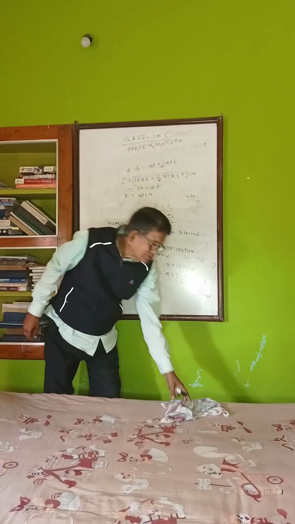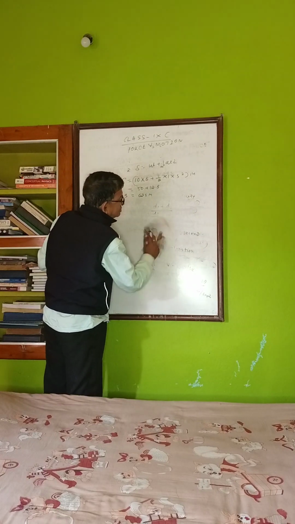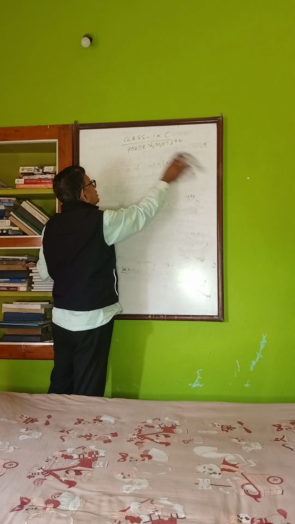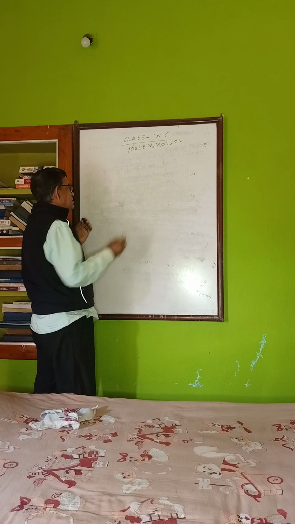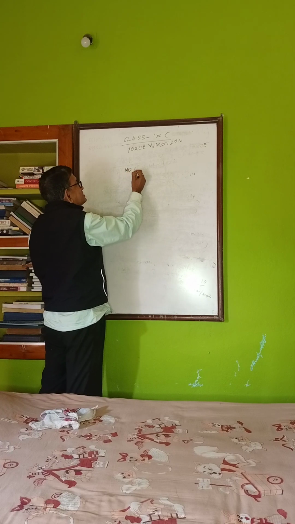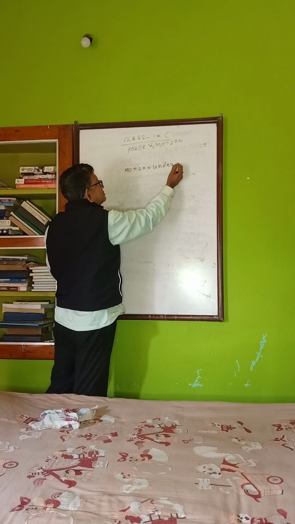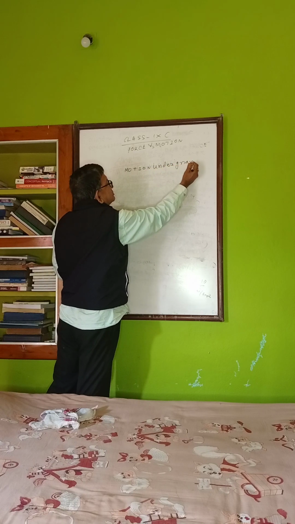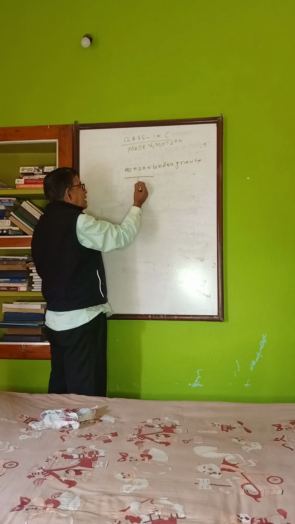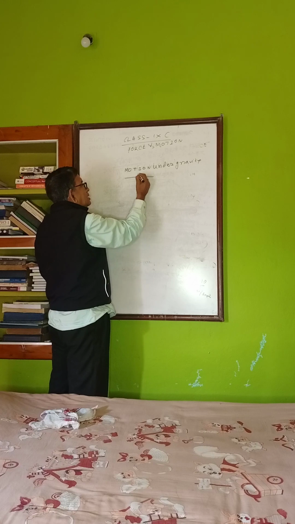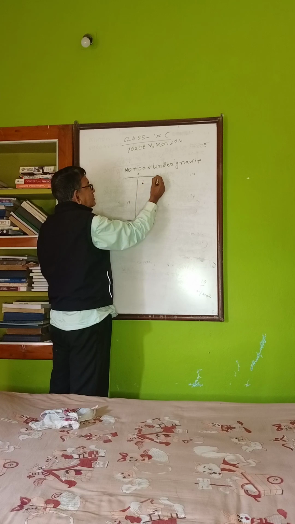After that, another problem I am solving for you. Let us try. If we consider motion under gravity, very simple, motion under gravity. Suppose a body is moving from height h, from rest.